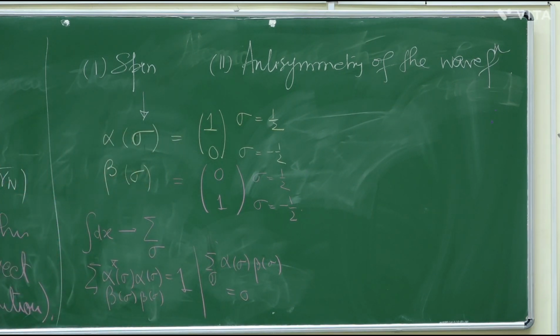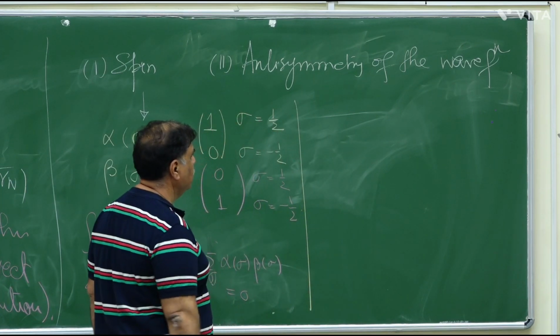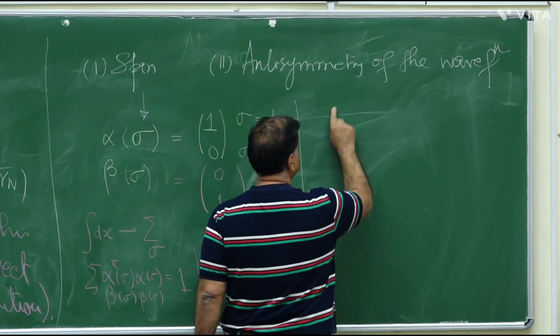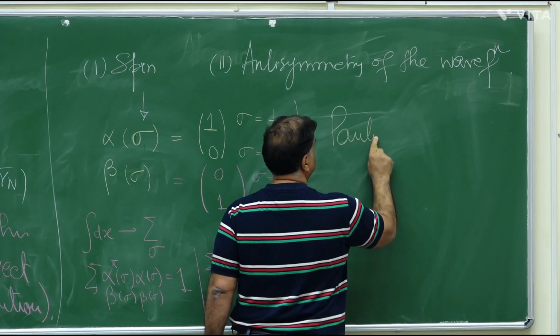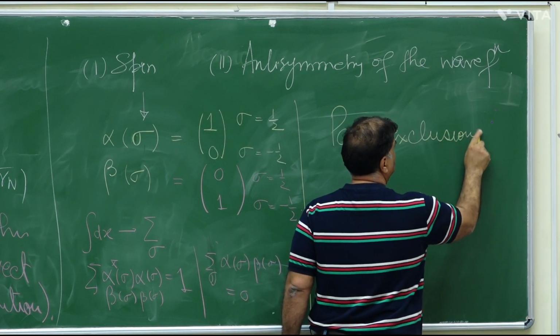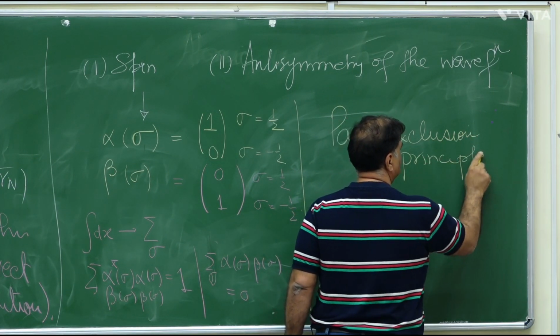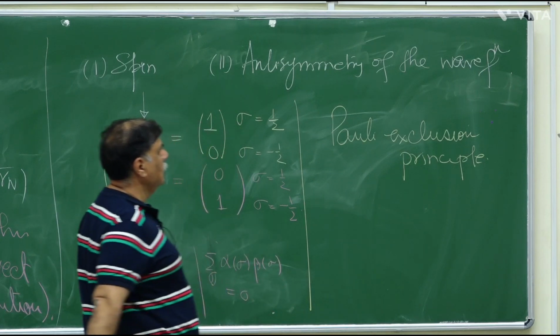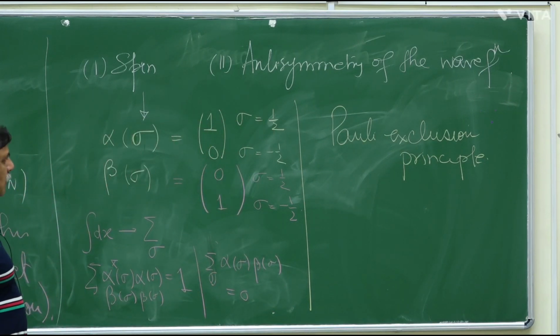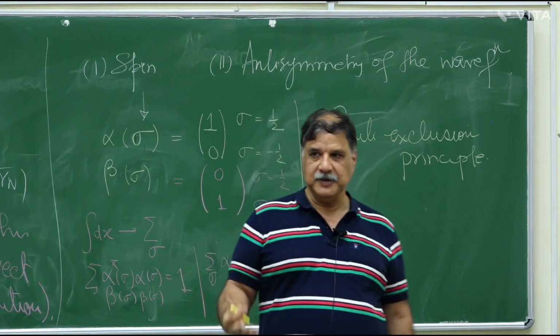So that's one part I have to include into the system. Antisymmetry is basically a mathematical way of writing the Pauli exclusion principle. Now what it says is that no two electrons can have all the quantum numbers the same.